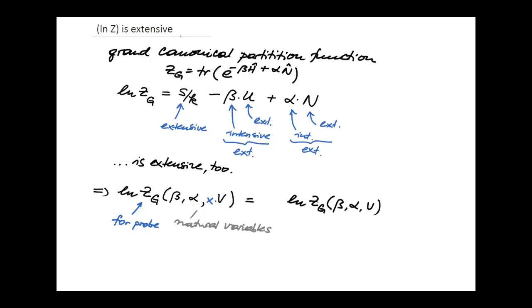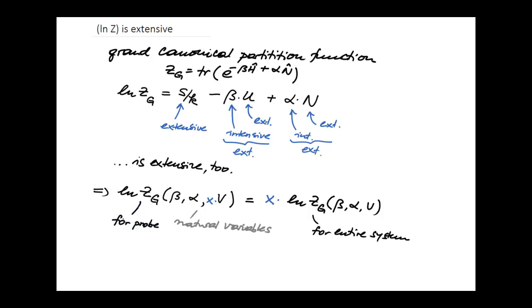Being extensive means that the log of the partition function for the probe must scale with x. So it must be a fraction x of the log of the partition function for the entire system. Here on the right, this is the log of the partition function for the entire system.